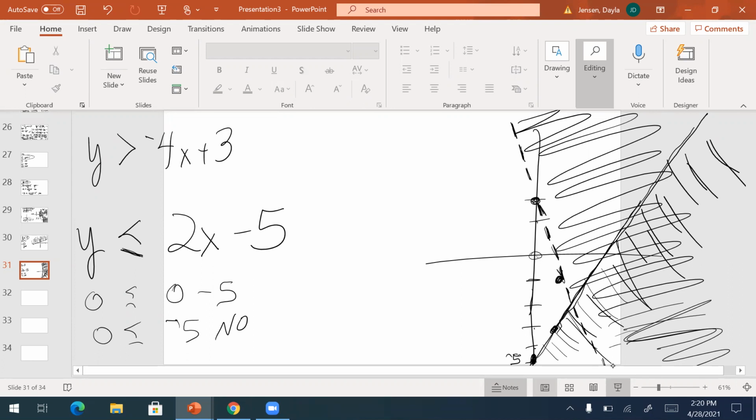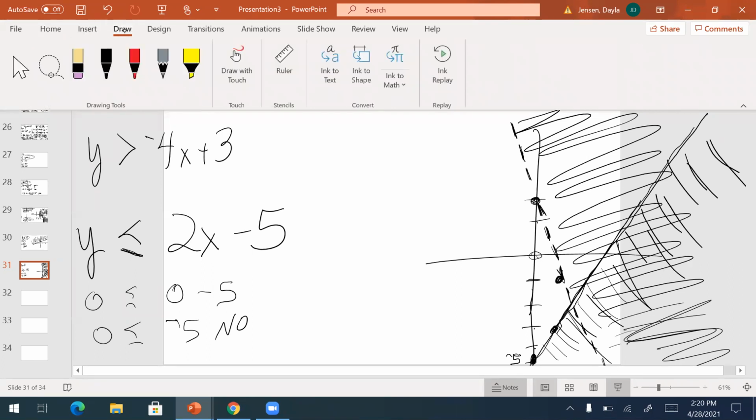But this area right here, I wonder if I can get fancy and maybe find another color. Maybe not. This area right here satisfies both of those equations.